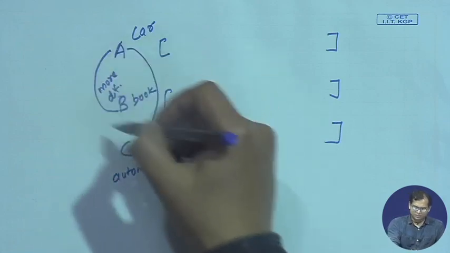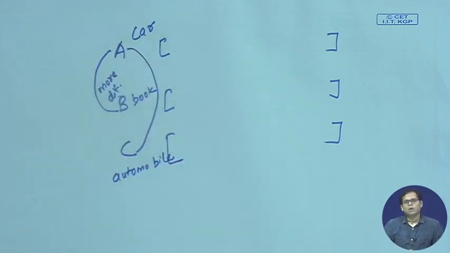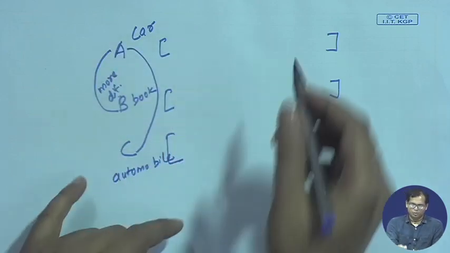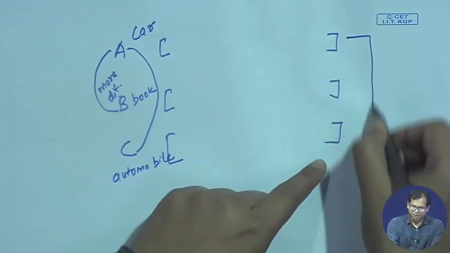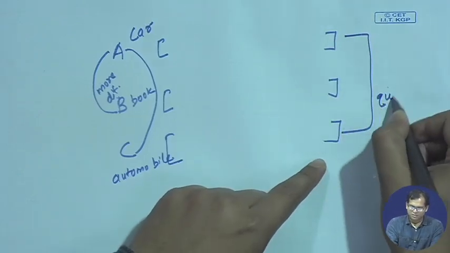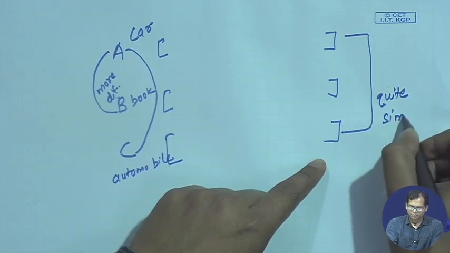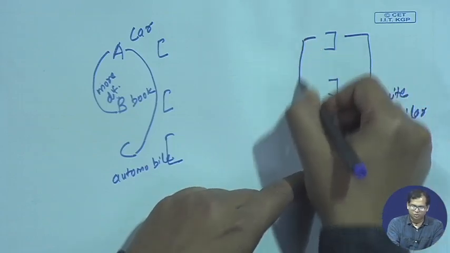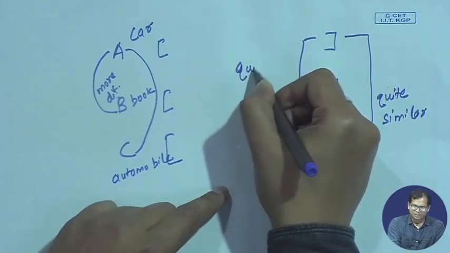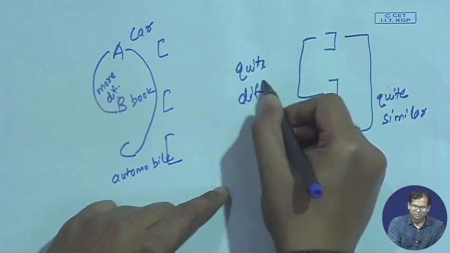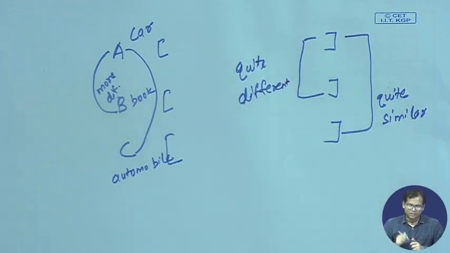So if this is what I see in meaning, I will also see something similar in distributions. These two distributions would be quite similar, and these two would be quite different. We will see this week how we capture these distributions and how we compare them. But this is the basic idea.